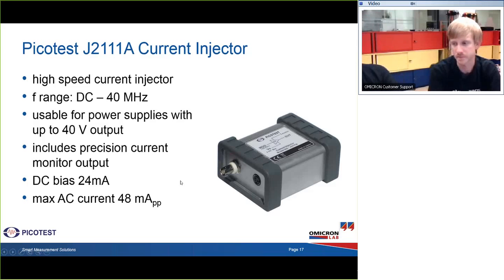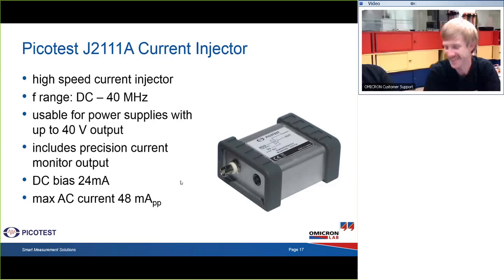Okay, we got a question that says, what if my converter output voltage is 41 volts? Steve, please. That's a very good question. I suppose then you would be out of luck. At 41 volts, it would probably still be okay. I can tell you that the transistors that we use in the J2111 are 65 volt transistors, but we do want to maintain adequate derating, and we also want to try to keep the power dissipation low.